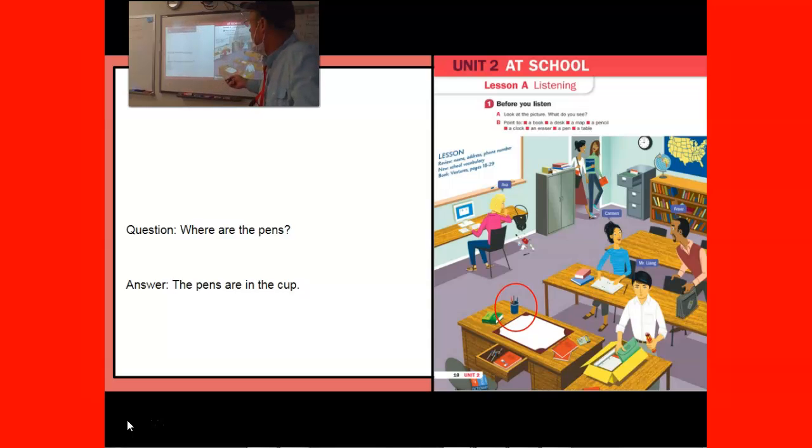So the question is, where are the pens? Make sure this is a big W, capital W, question mark right next to the S. Answer, the pens are in the cup. Or you can say, the pens are on the desk. Okay? Either one is okay.